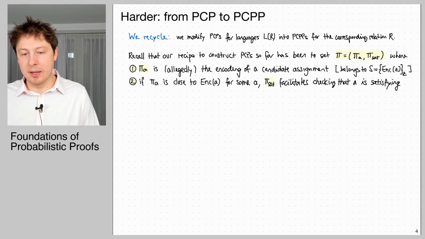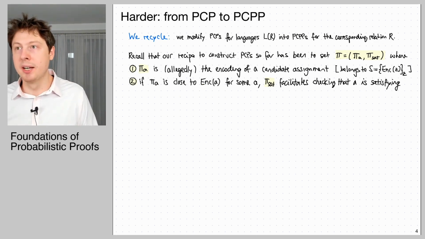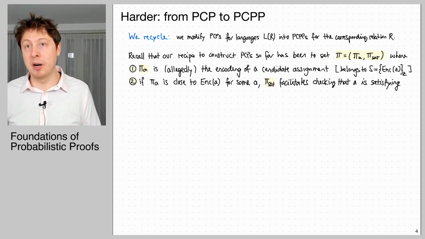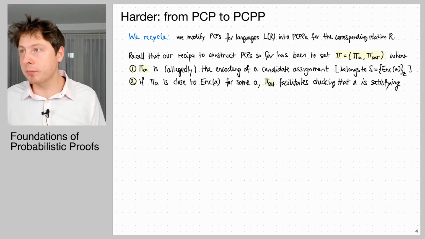And then, if through a proximity test we established that this part was close to some valid encoding, then this other proof was helping us check that the witness was valid. This was the template for every single PCP we constructed in this course. Not just PCPs, also IOPs, by the way.